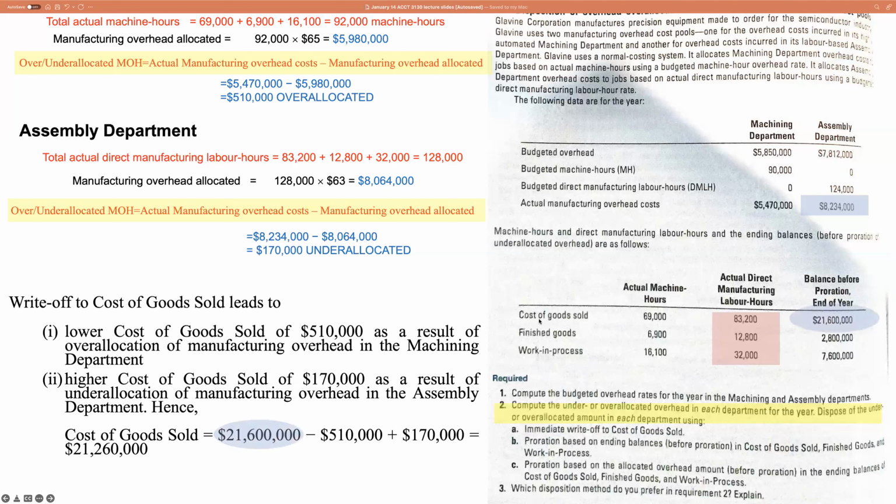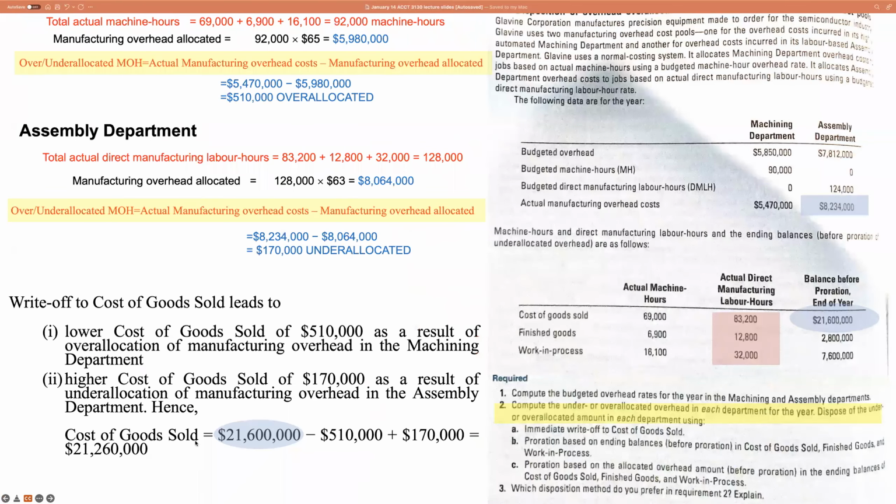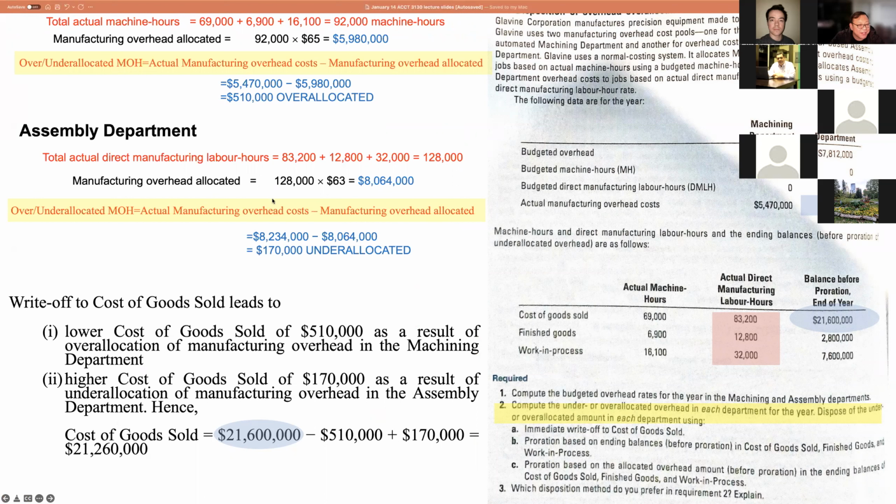Your balance of cost of goods sold before this proration is 21,600,000. Because of the over applied 510,000, you need to minus this. And you need to add 170,000 because this is under applied. Are we clear with this?